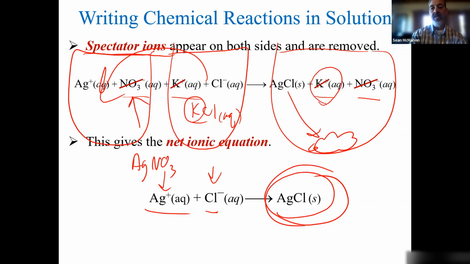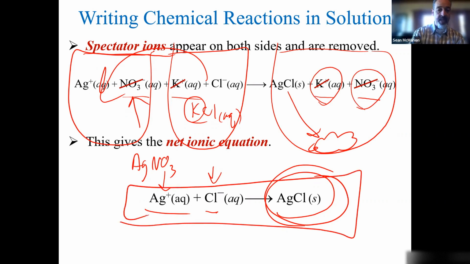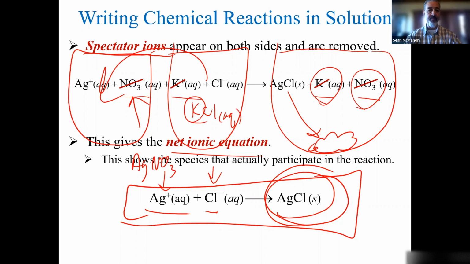Then the potassium and nitrate ions are just floating around, not doing anything. But we want to write out what ions form this precipitate, and we do that using net ionic equations. So it shows the species that are actually doing something. They're not just spectators, right?